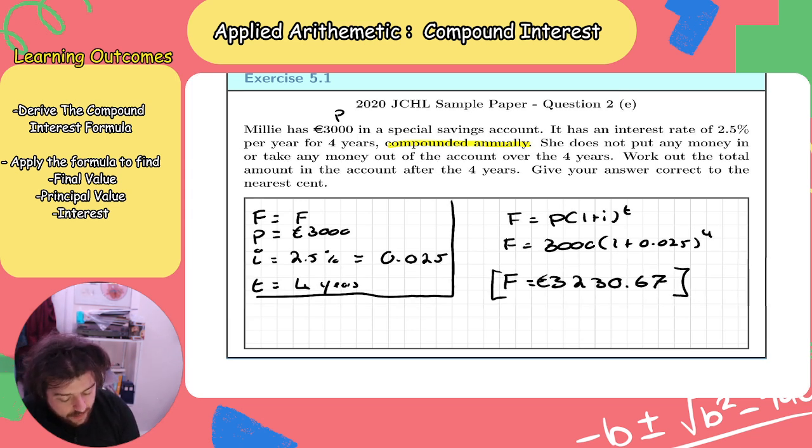So her final amount after the 4 years is €3,230 and 67 cents. So these questions are very straightforward.